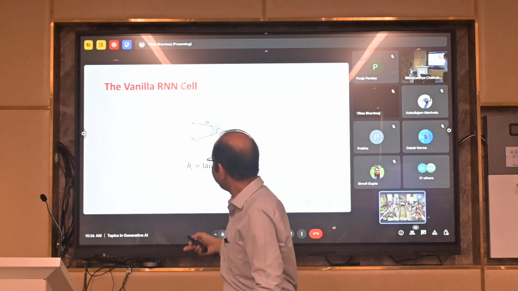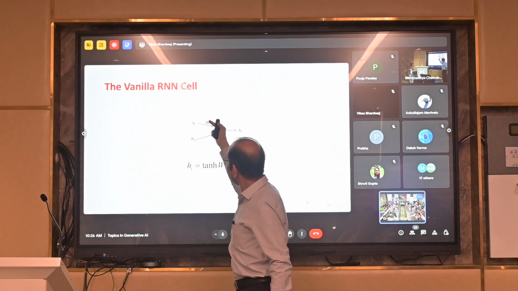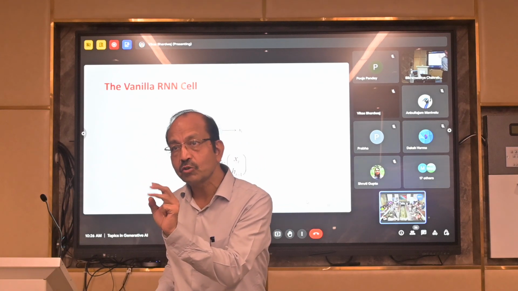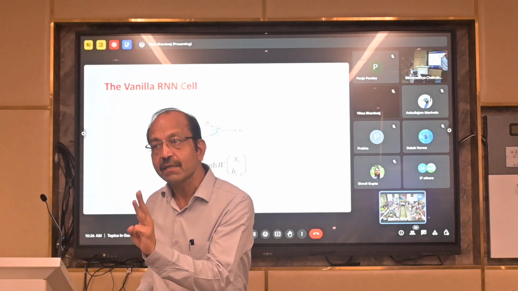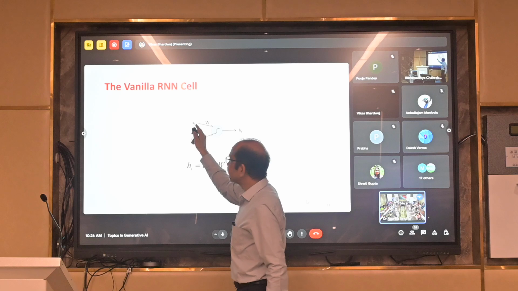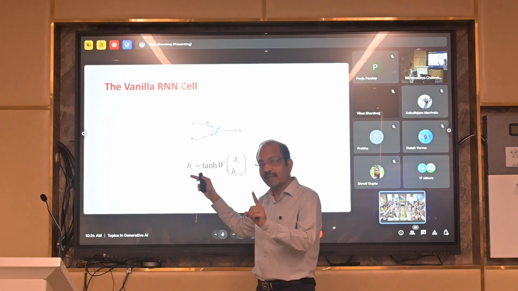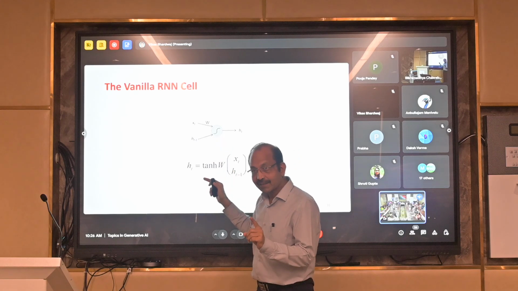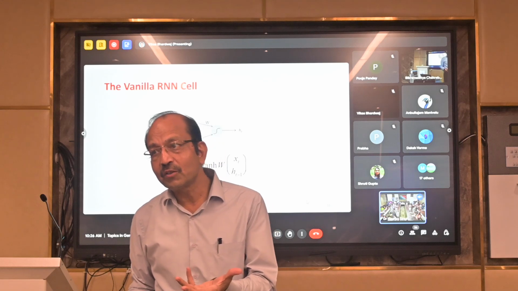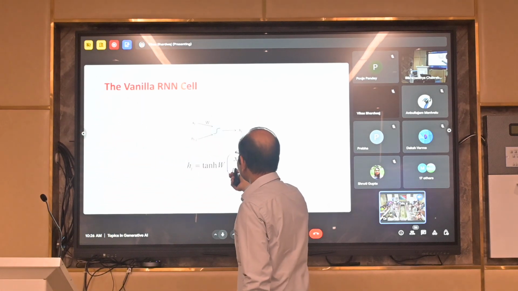If you have only one xt and st minus 1 is also of length 1, how many weights are you going to have? 2 plus 1 bias, so three variables to learn. But if xt is of length 5 and st minus 1 is of length 1 and your bias is 1, then 5 plus 1 plus 1, so 7. How many weights do you have to learn? 7. So depending upon the problem, you are going to have this.